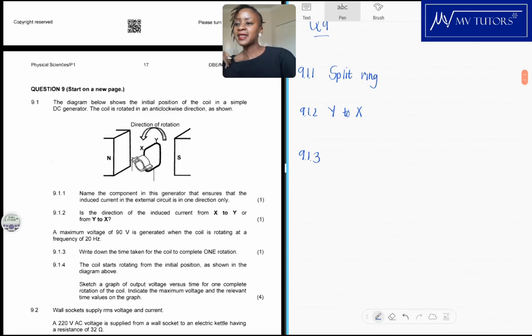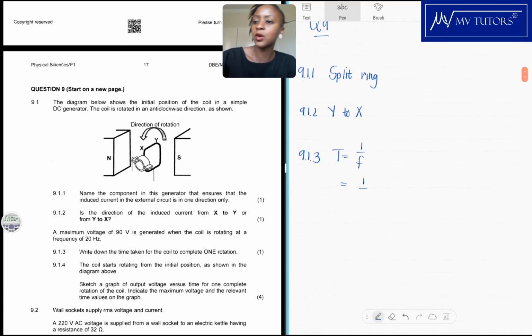So before we even get there, it says a maximum voltage of 90 volts is generated when the coil is rotating at a frequency of 20 hertz. Now 9.1.3, write down the time taken for the coil to complete one rotation. So the equation we're going to use is the period T is equal to 1 over frequency.